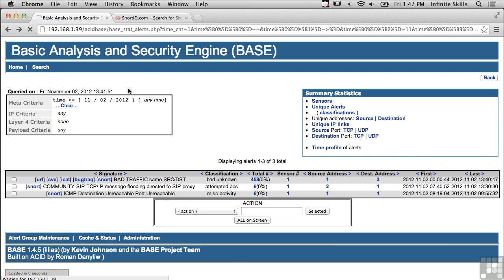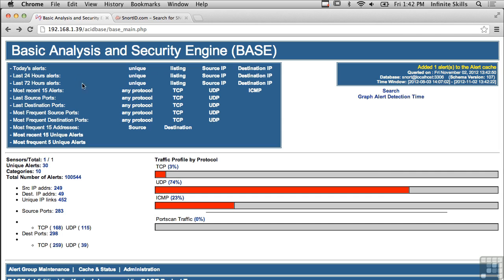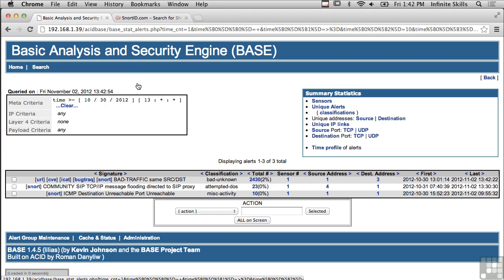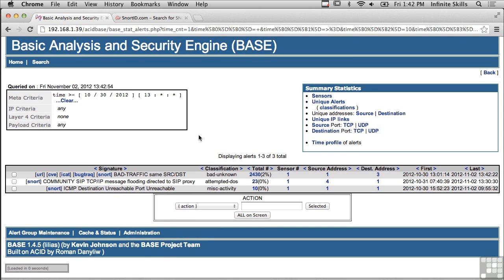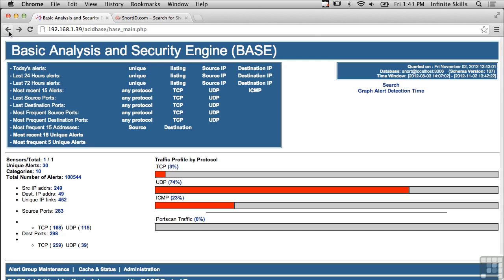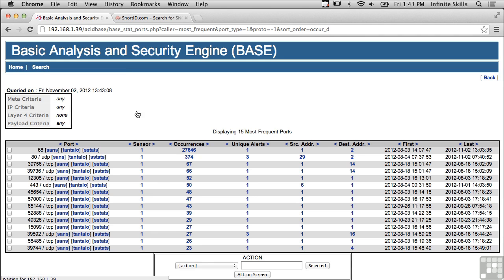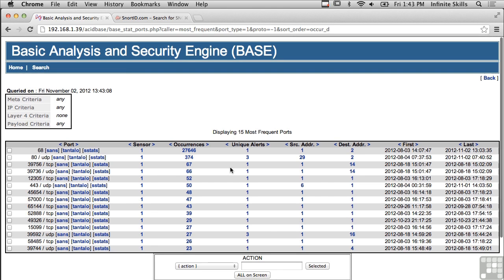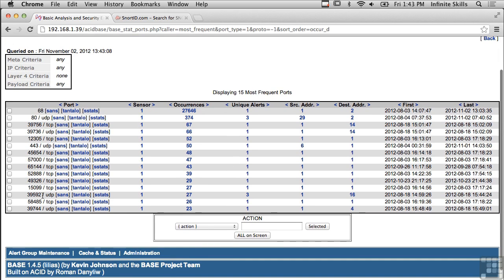And we can go back and take a look at some others. So let's look at the last 72 hours alerts, and it looks like the same set of alerts. And we could take a look at most frequent source ports of any protocol, and you can see there's a list of source ports that have been noted by this particular intrusion detection system.